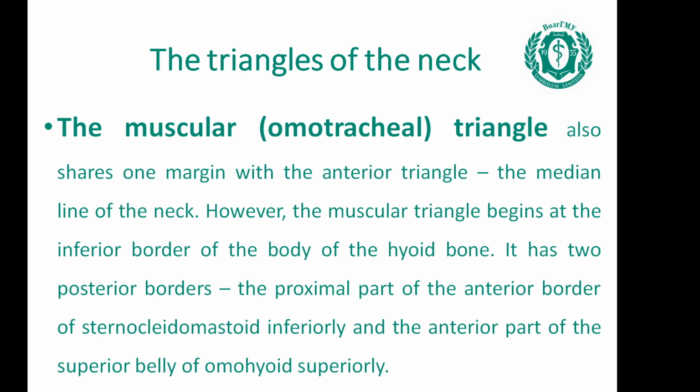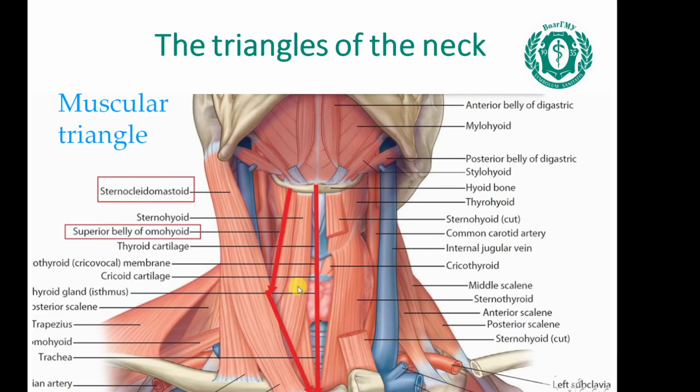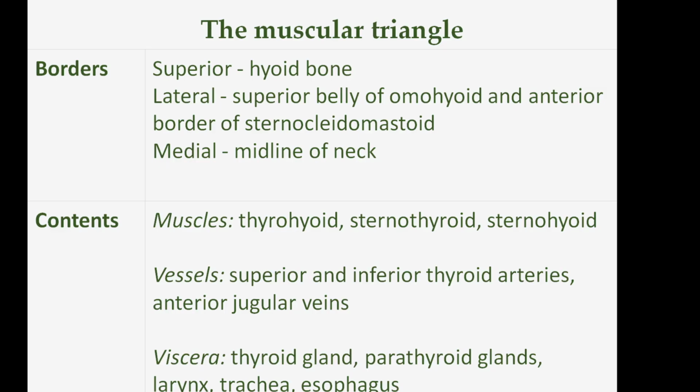It has two posterior borders, the proximal part of the anterior border of sternocleidomastoid inferiorly and the anterior part of the superior belly of the omohyoid superiorly. Here you can see the borders or boundaries and contents of the muscular triangle.